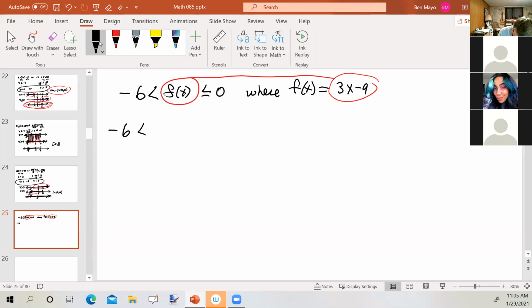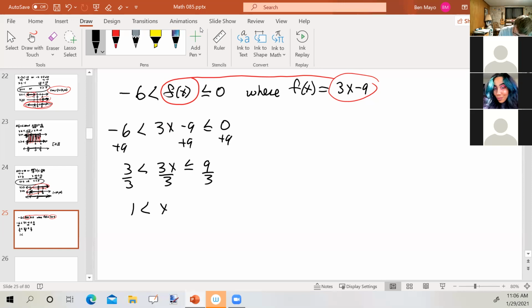So now our statement becomes that. And this is what's known as a double inequality. Okay. So I want to solve for x in the middle. I'm going to add 9 to all three pieces, giving me 3 less than 3x less than or equal to 9. Then I'm going to divide all three pieces by 3. 1 less than x less than or equal to 3.